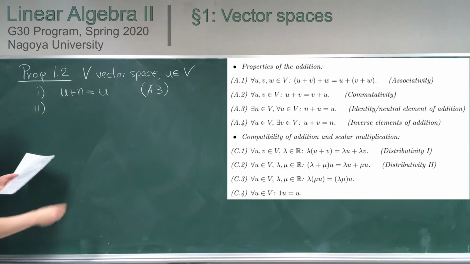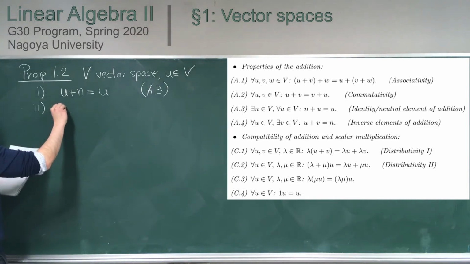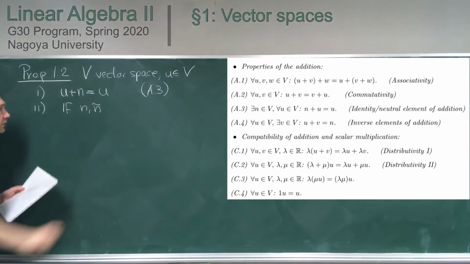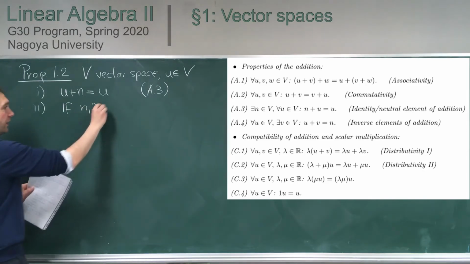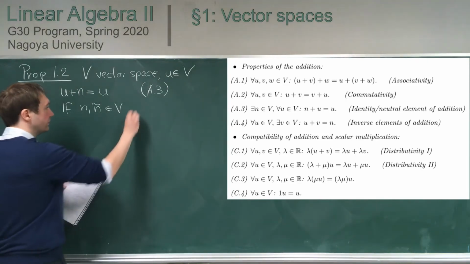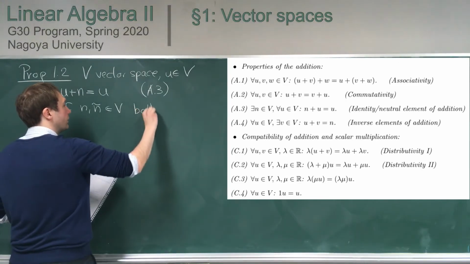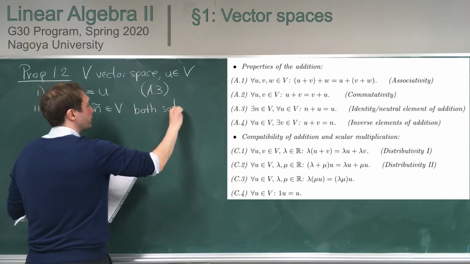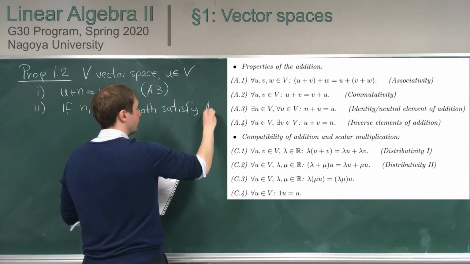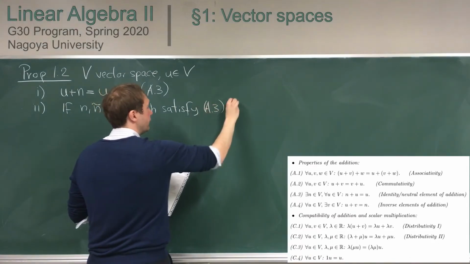The second is that if n and another n, which I will denote by n tilde, both satisfy this condition A3, then they are equal.